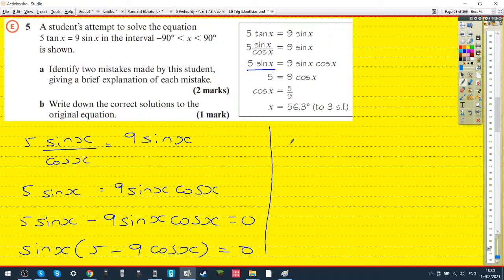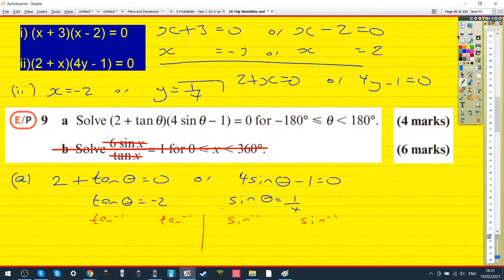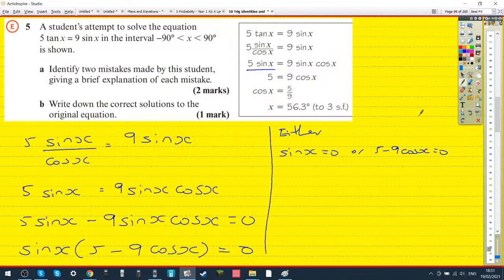Something times something gives you 0. Either sin x equals 0 or 5 minus 9 cos x equals 0. It's like these brackets. They multiply to make 0. Either the first one equals 0 or the second one equals 0. And you solve the two separately.